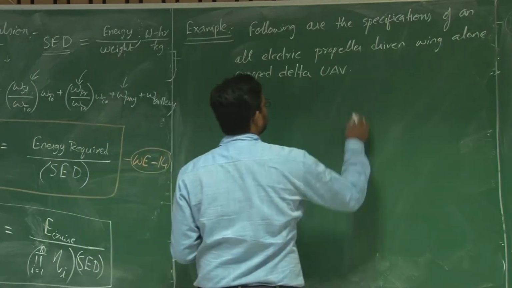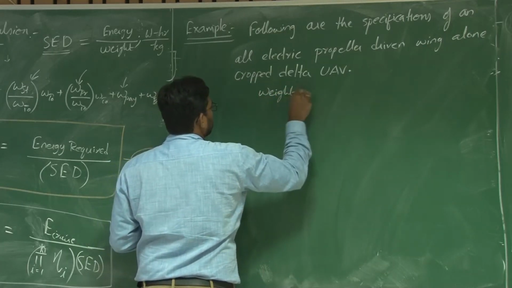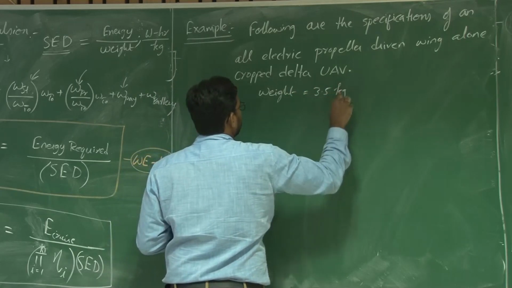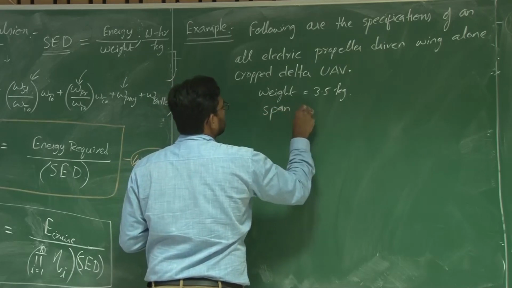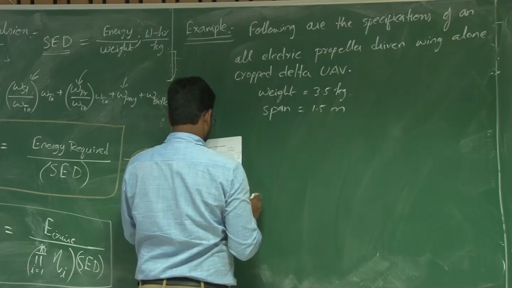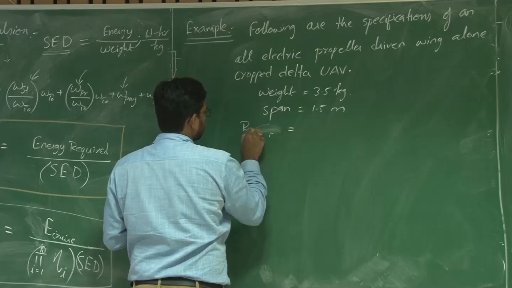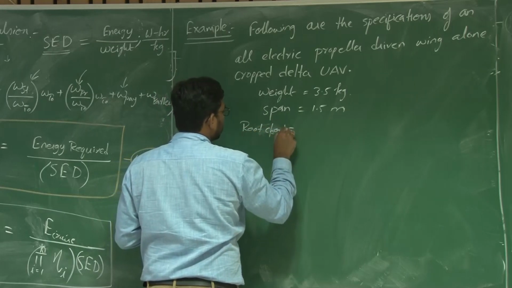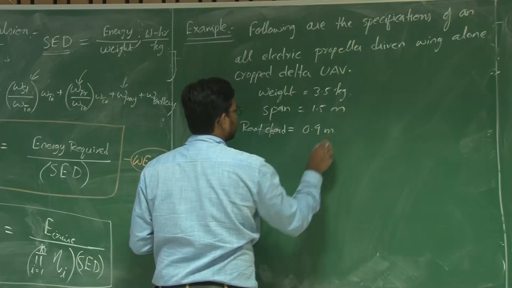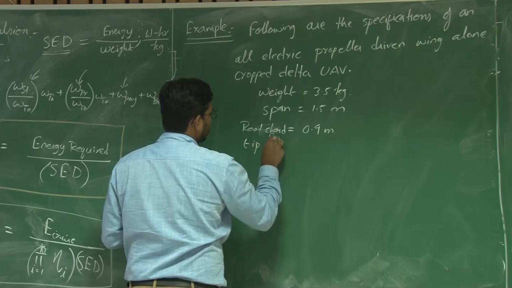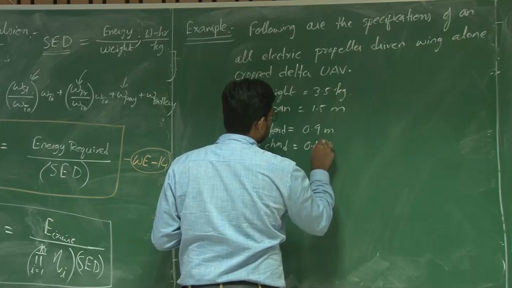What is given is weight 3.5 kg, span 1.5 meters, root chord 0.9 meters, and tip chord 0.15 meters.